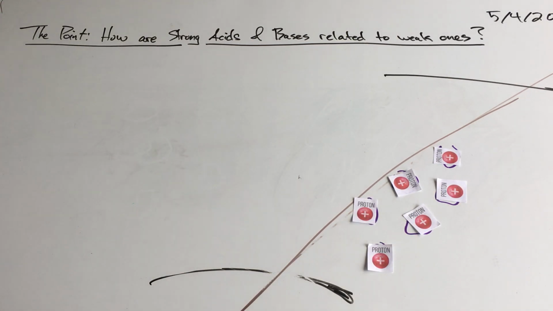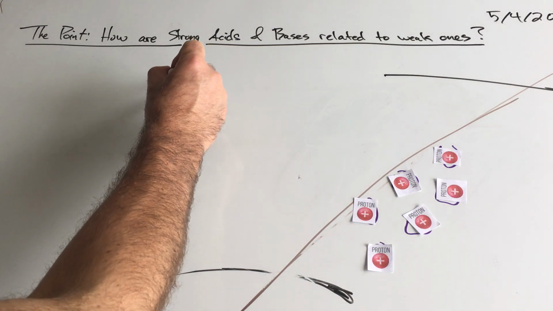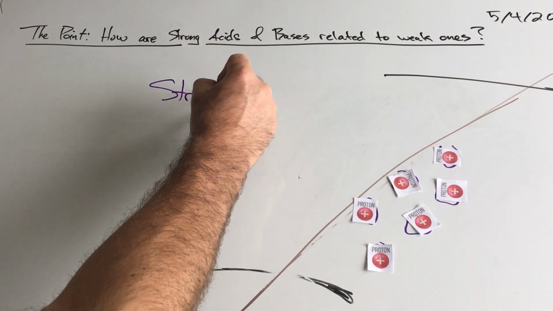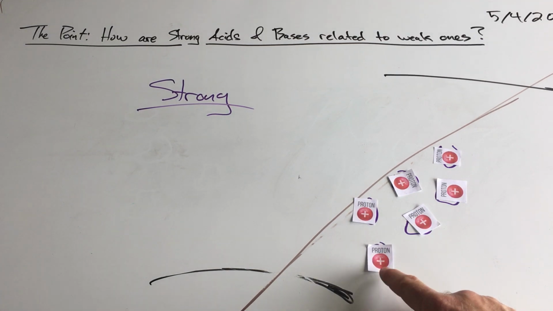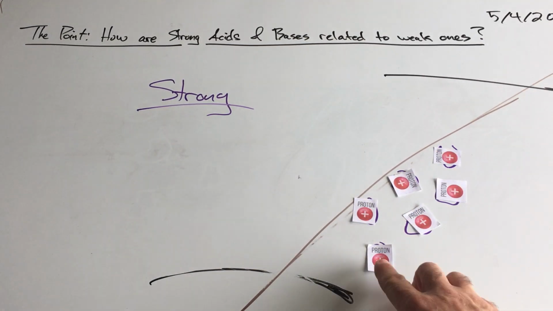So if every single one steals a proton, that makes it a strong base. Again, strong just means the number of molecules that actually react. But if we reset, a strong one, every single one does.